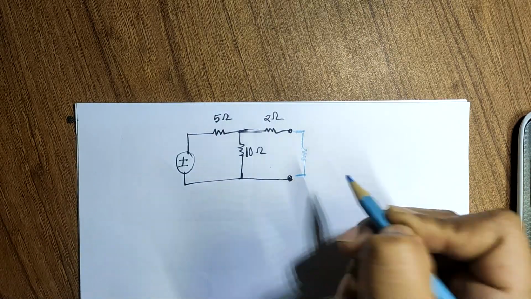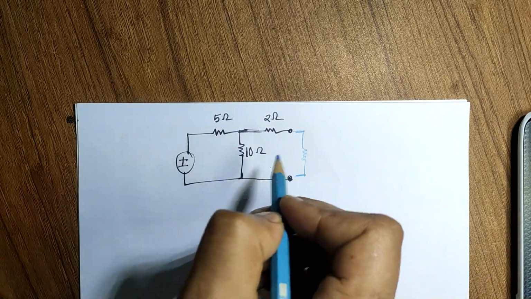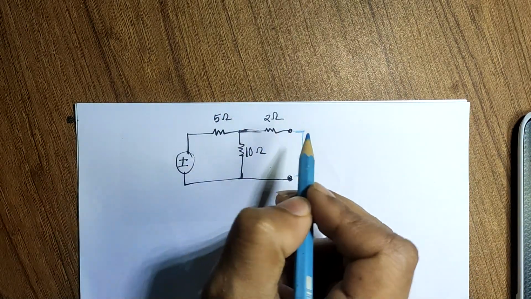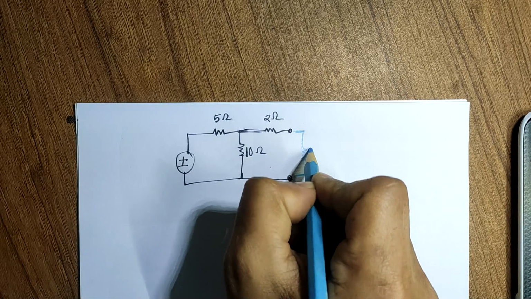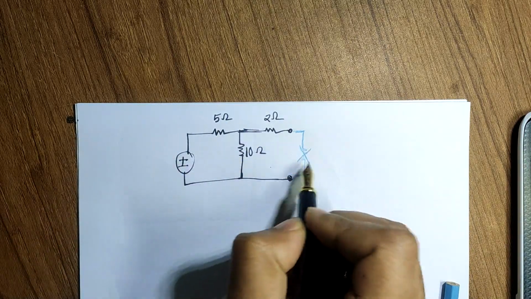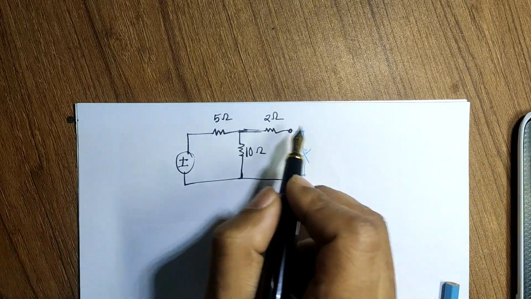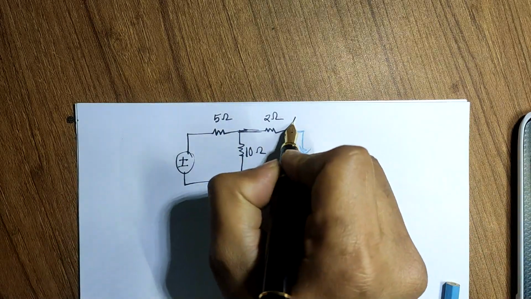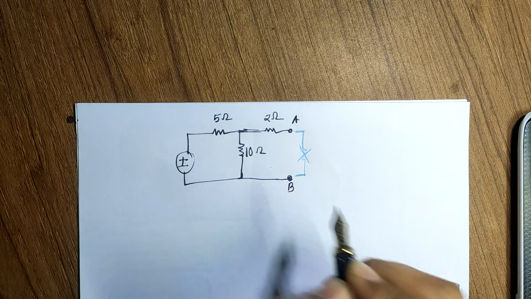But that we considered as a load. So to determine the Thevenin's equivalent circuit, we will just erase the load and keep the remaining part of the circuit. And let's call this node A and this node B.